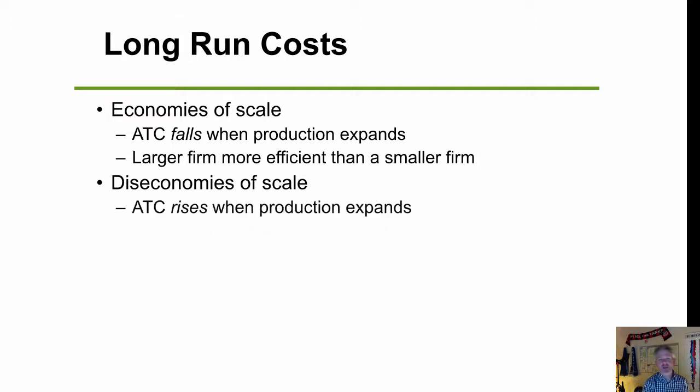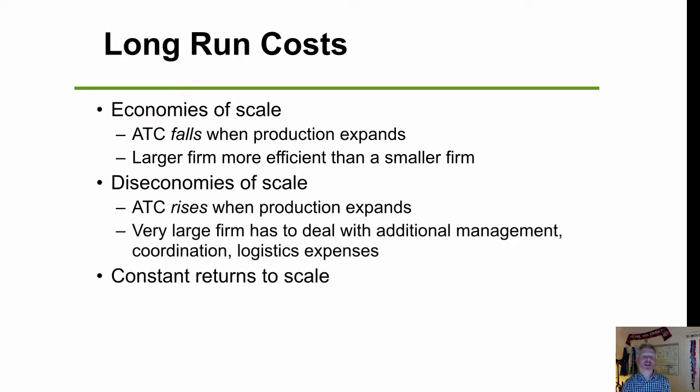Diseconomies of scale is the opposite. It's that your average total cost is actually rising as you make your firm bigger and bigger. A very large firm has to deal with all sorts of management. There's hierarchy, coordination becomes a logistical nightmare. And so that's diseconomies of scale.